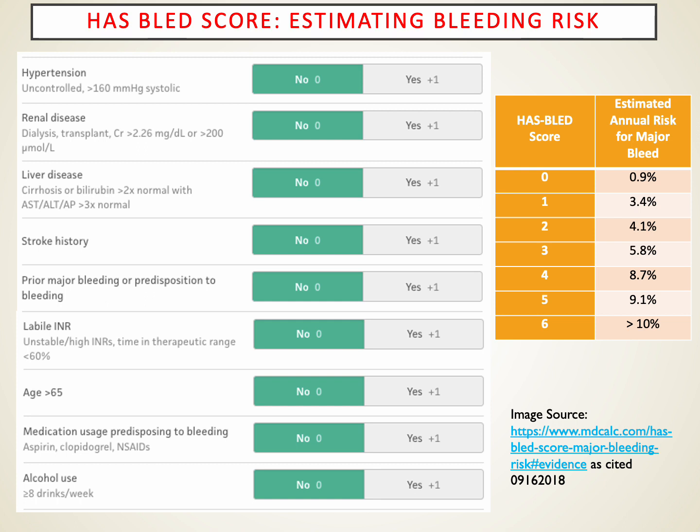Many times you can manage the bleed and there might be a full recovery, with the exception maybe of an intracranial bleed. So again, as you look at the HAS-BLED scoring tool, get a sense of it, but don't hang your hat totally on it.